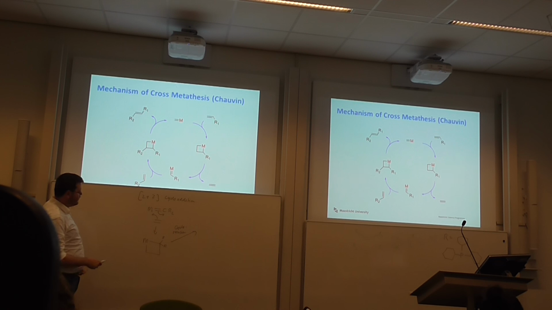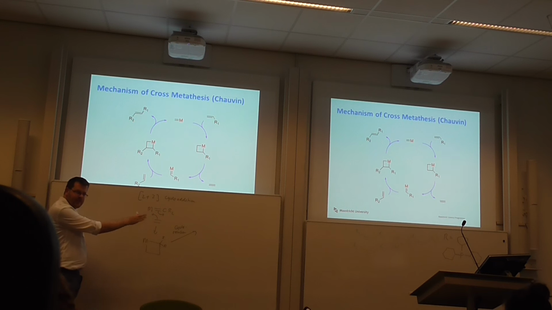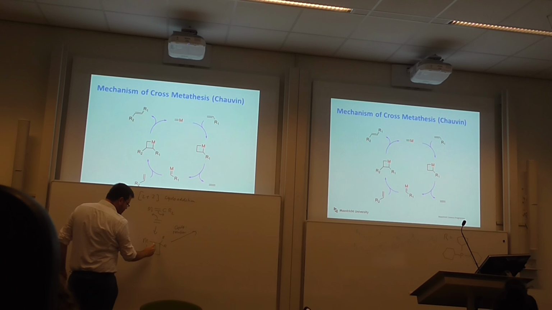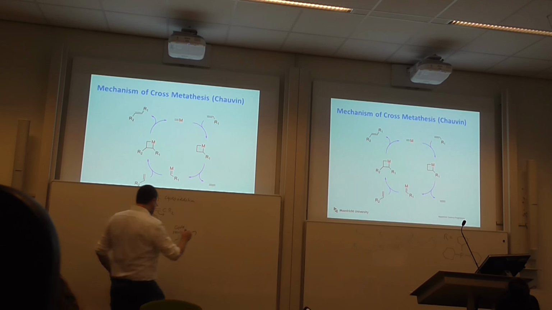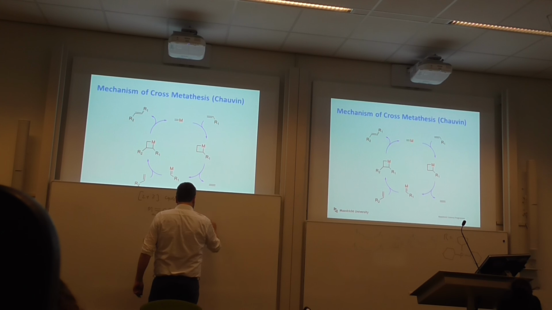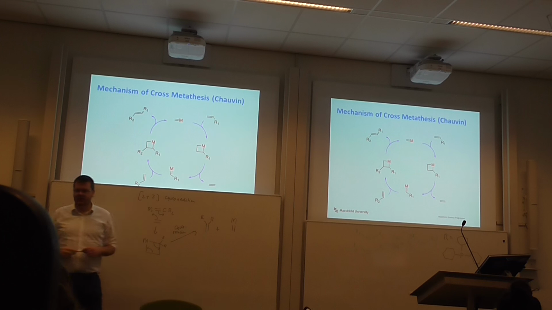The ring opens up, and let's see what happens mechanistically down here. It does something like this. So you form the ring, you've got the electrons in there, and then the bonds break, and you end up with an alkene product, as I've written it down here, it wouldn't be that, plus a new carbene. Does everyone see that?